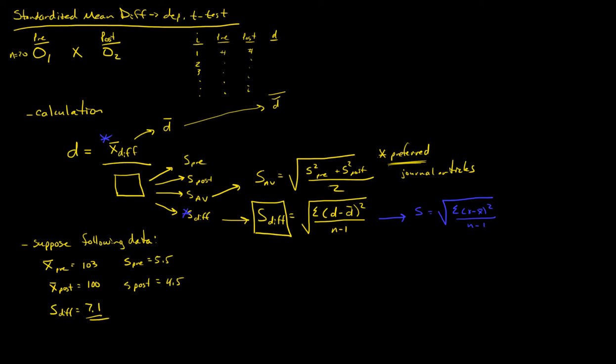So d here equals 3 divided by 7.1, which equals 0.423. That would be your effect size here, assuming that you had calculated this out and I gave you all the raw data points, which I did not.